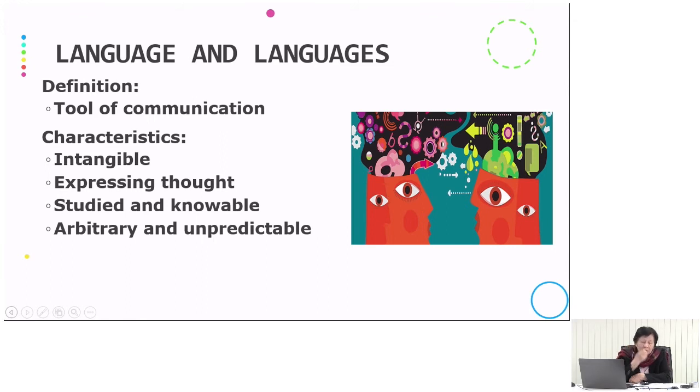You see, this is the characteristic of the language details. Okay, since all languages are used the same as the tool of communication, but the characteristic just varies from one language to another.